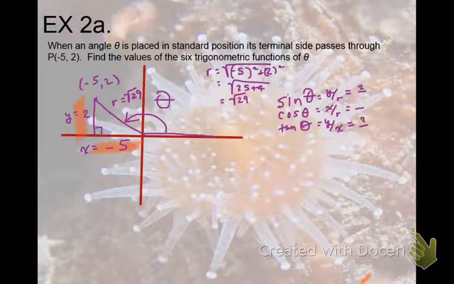We know that all of the y's are 2. And we know that all of the r's are root 29. And then what we have to be very careful with is that the x is negative. So when we write the x, we make sure to remember that it's negative. And put them in proper form.